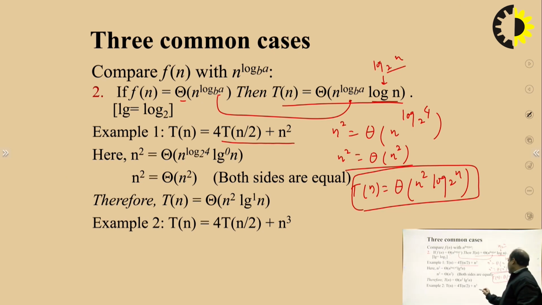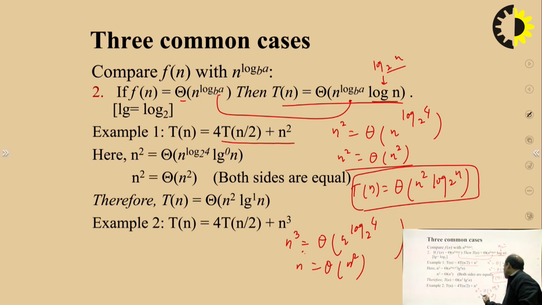Let's see whether case 2 is applicable over here or not. Now this f(n) is n cube, and theta n to the power log a, where a is 4 and b is 2, is theta n square.